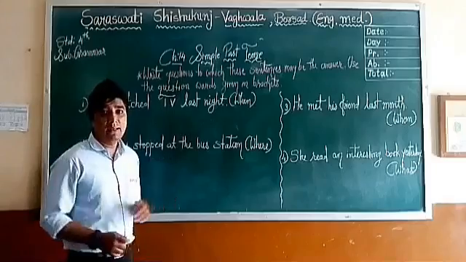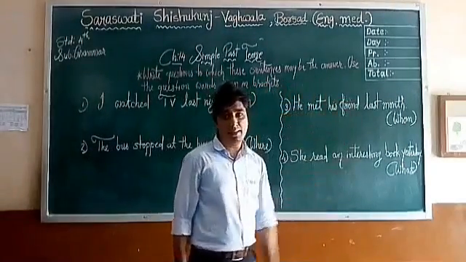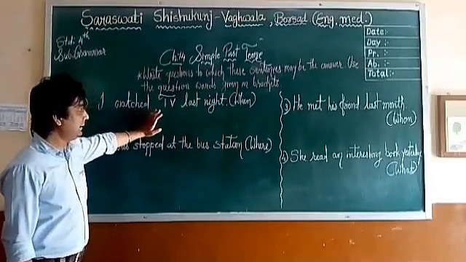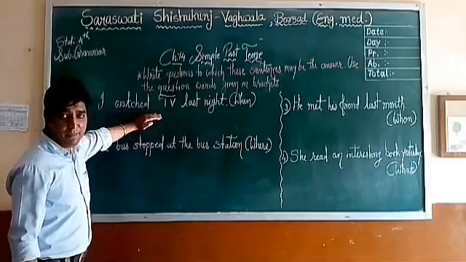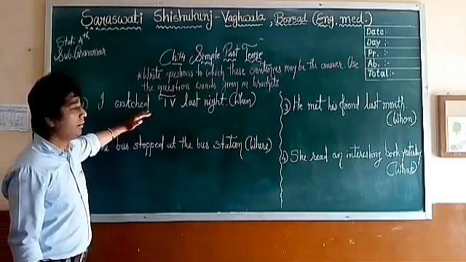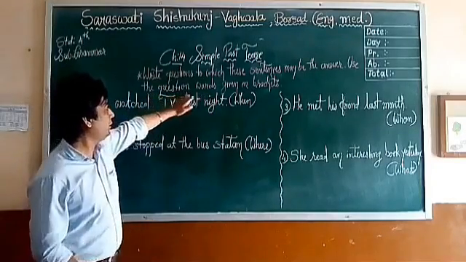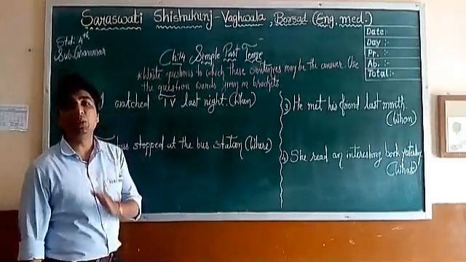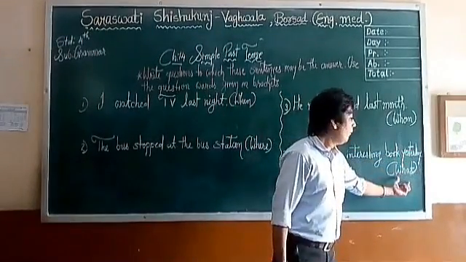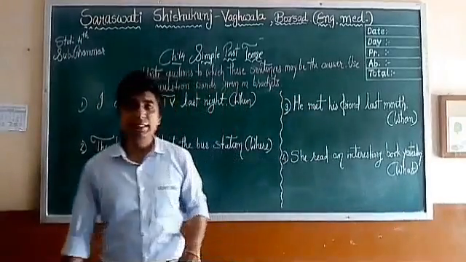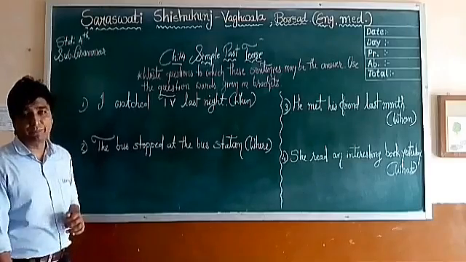Now move to our instruction. Write questions to which these sentences may be the answer. These sentences have the answers, and we have to frame a question from this sentence. How? Use the question words given in the bracket. By using the question words when, where, whom, what, we have to frame the question.